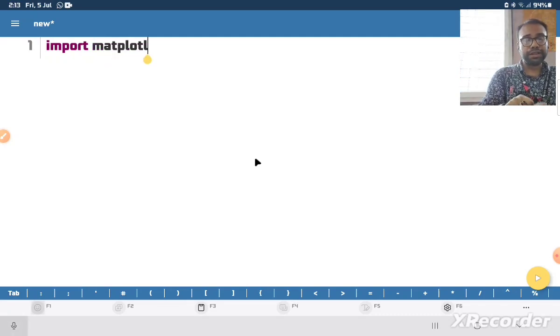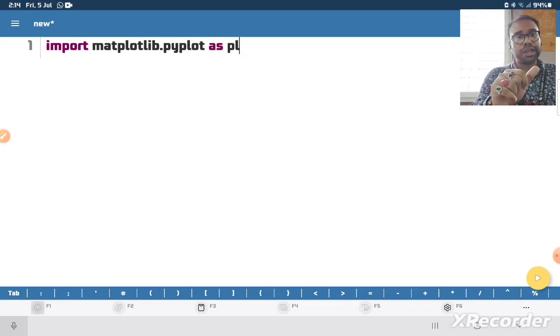So let me get the things ready first. To start the graph plotting, we have to write the command import matplotlib.pyplot as plt. This is the first line, I believe all of you know this. Then, as I told you, we will make a chart on the increase in the fuel price.